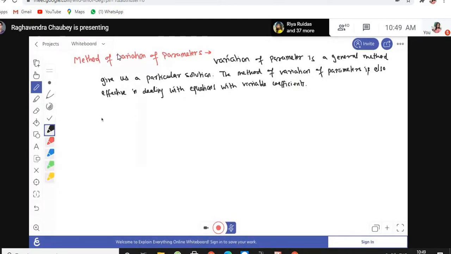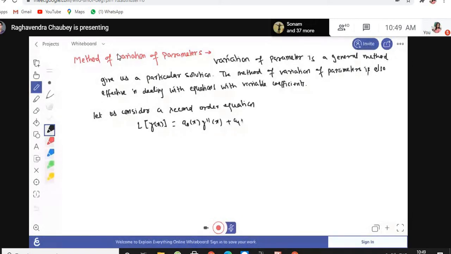Okay, so if we consider a simple, or we can write, second order equation, a naught x, the second order non-homogeneous differential equation, which is already mentioned in the previous page: a2(x) y'' plus a1(x) y' plus a0(x) y equals d(x), where a2 is not equal to 0 if x belongs to that interval.